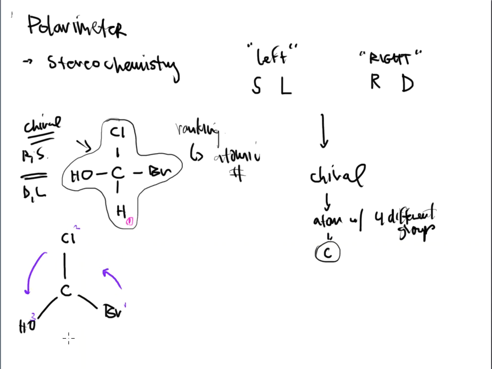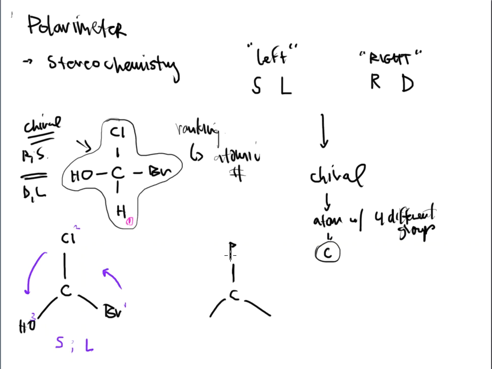And the reason that it points to the left is the reason that we use the S for sinister or the L for levo. So the molecule, the way that I've drawn it here, that is how we determine if it's left-handed or right-handed. And we know from that position that this thing is a left-handed molecule.